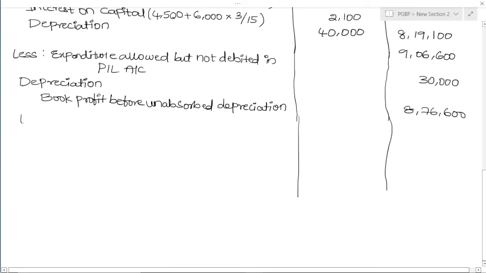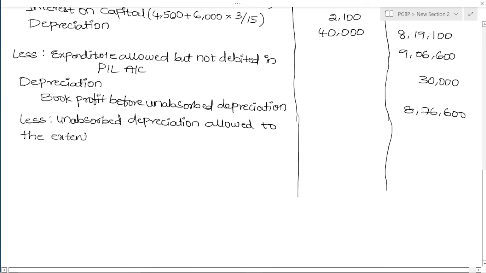So let's write down: less unabsorbed depreciation allowed to the extent that the remaining book profit is not less than brought forward business losses.